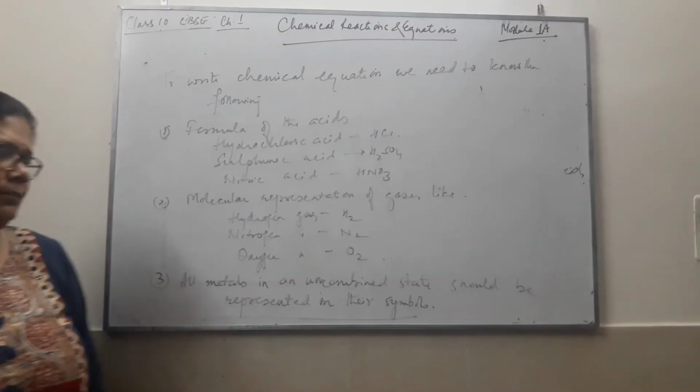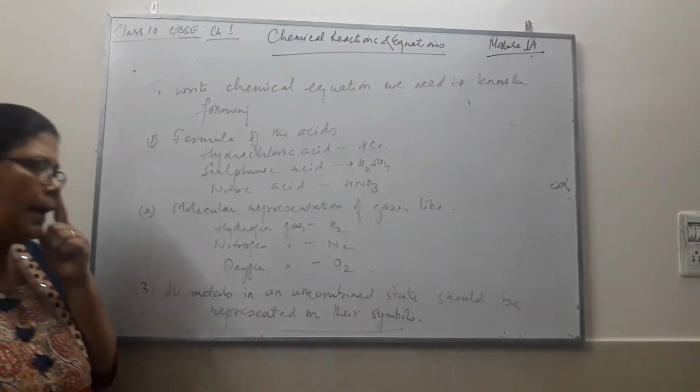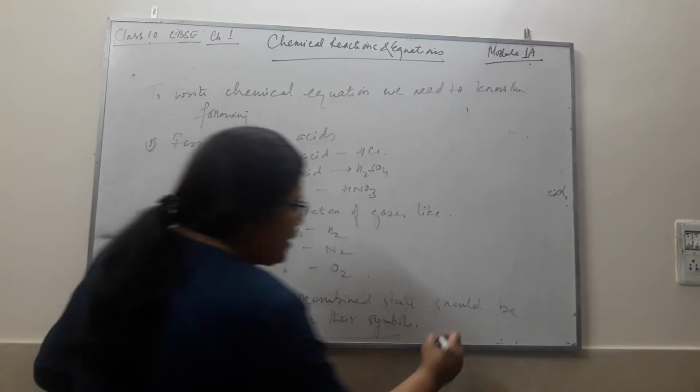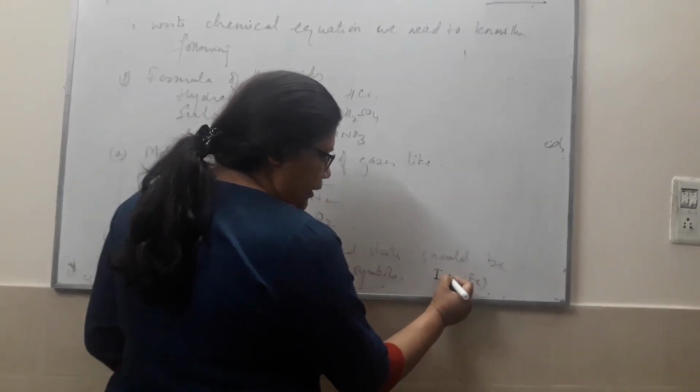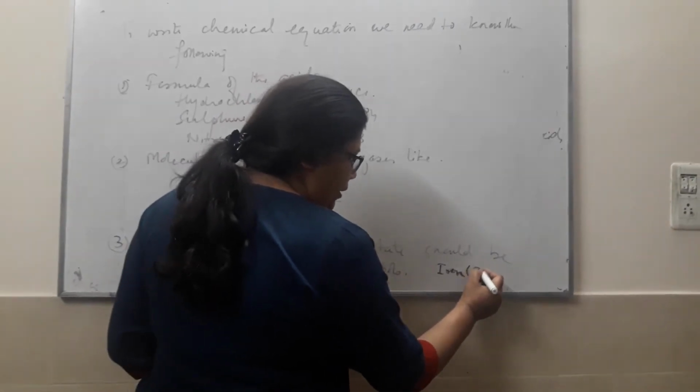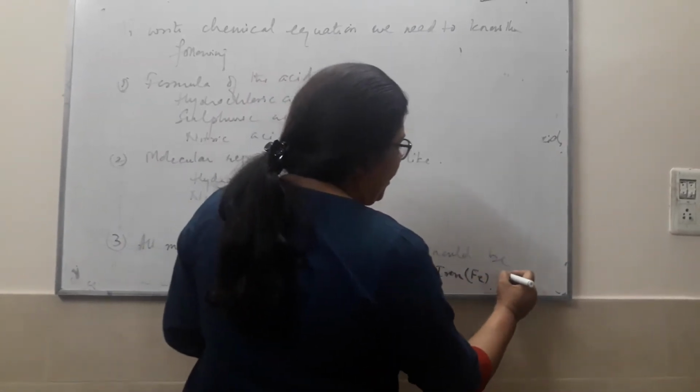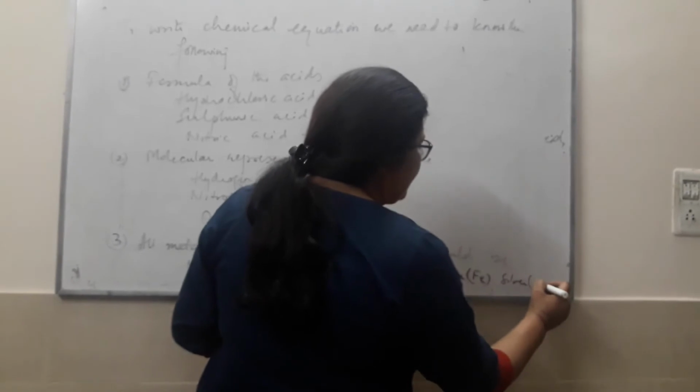For example, if iron is given in the chemical equation, we will write Fe. If silver, then we write Ag. This is the way you go.